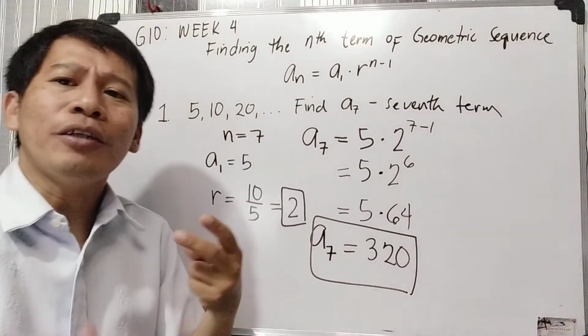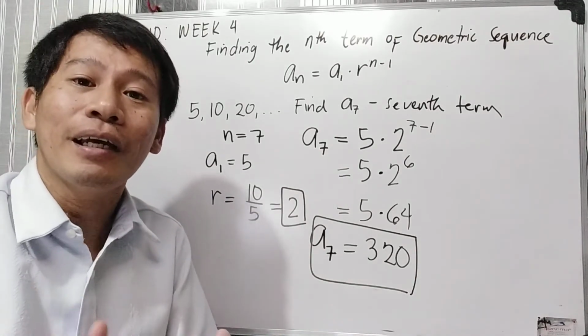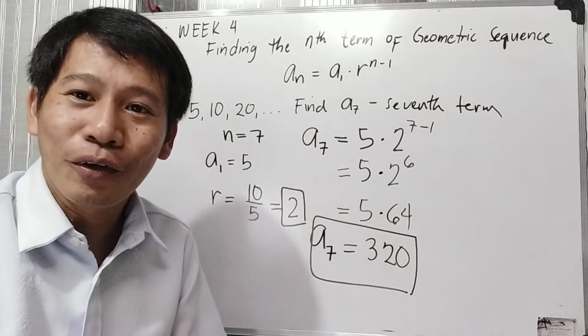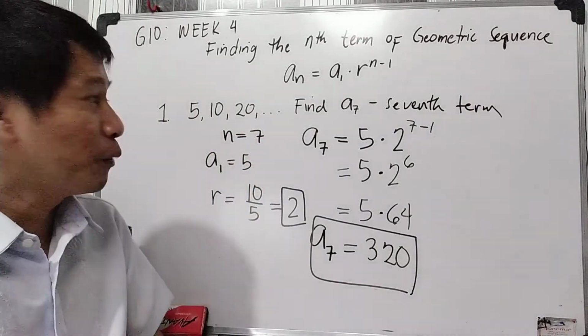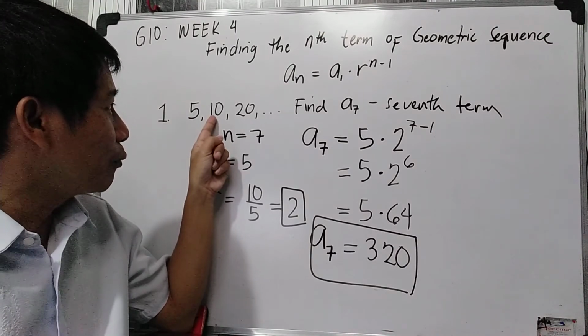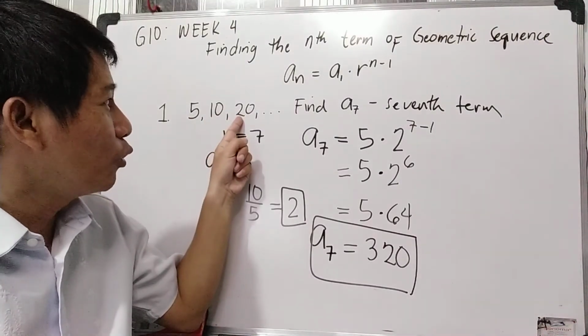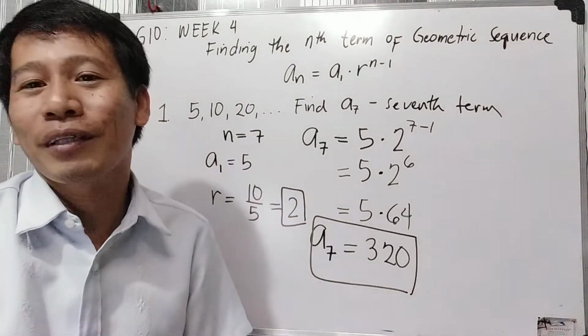Actually, you may check if this 320 is really the 7th term of our geometric sequence. You may continue the sequence: 5 times 2 is 10, times 2 is 20, times 2 is 40, times 2 is 80, until you reach this 320.